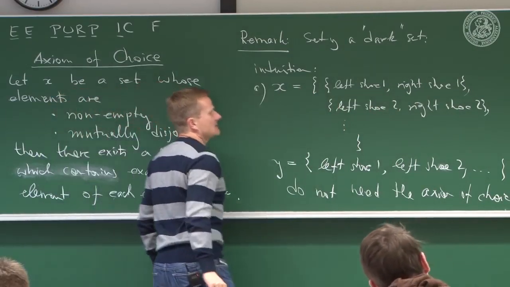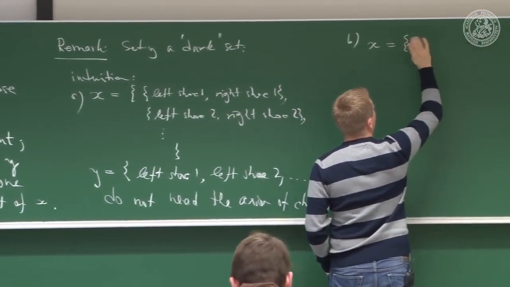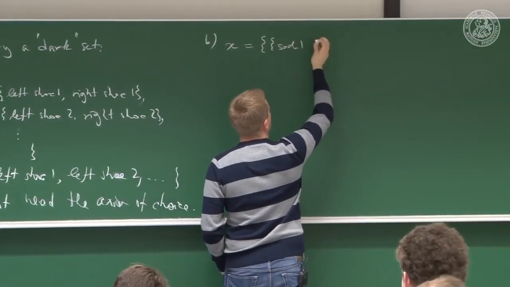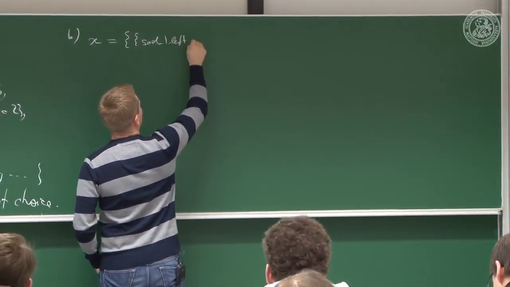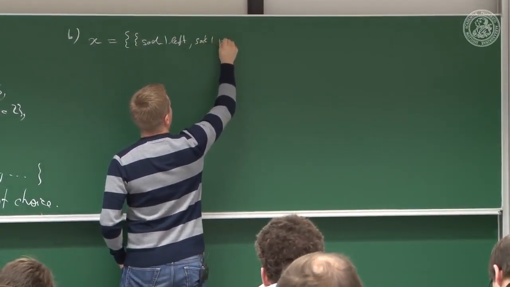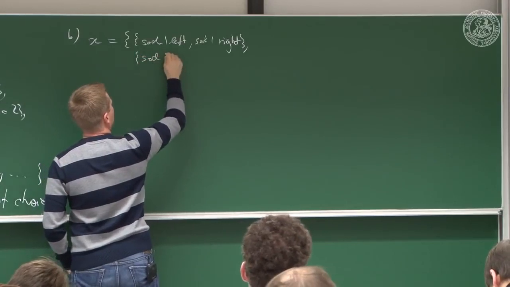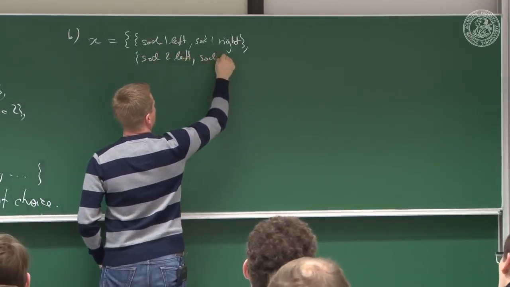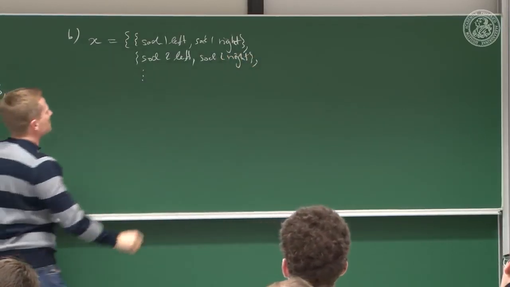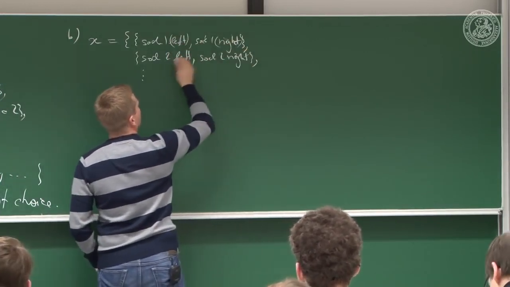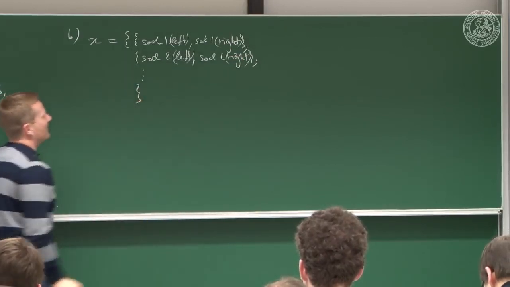But if instead you were to consider a set of socks, sock 1 left, sock 1 right, sock 2 left, sock 2 right, and so on. I introduced this left and right only to say these are two different socks, okay? Different individual socks, but you cannot distinguish them.